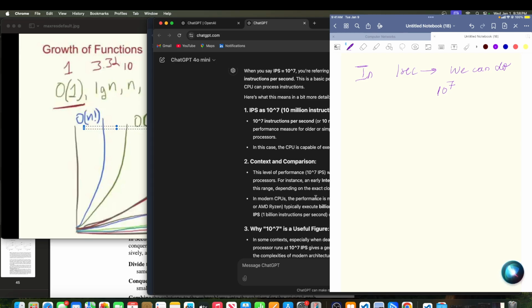Based on this we can decide the time complexity. Time complexity is basically measuring something in terms of cycles.